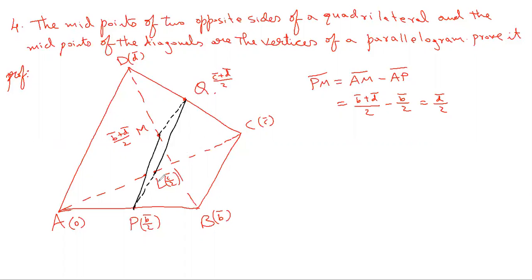Now you calculate LQ. PM we calculated. LQ is what? AQ minus AL. AQ is C bar plus D bar by 2, minus AL, which is C bar by 2, is equal to D bar by 2.